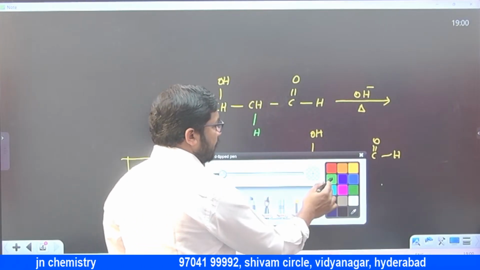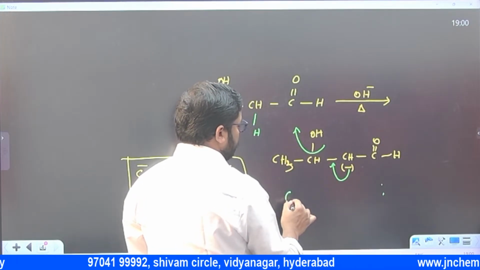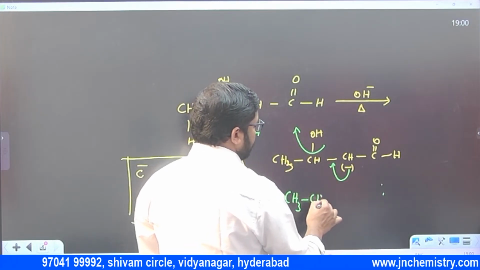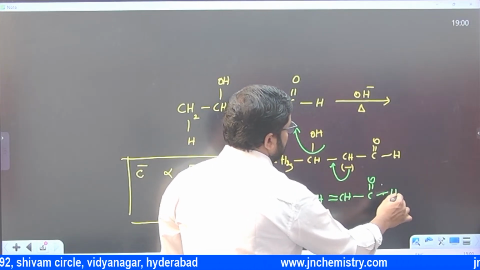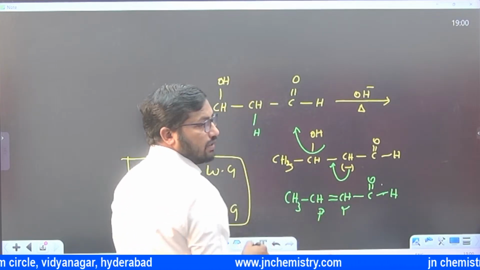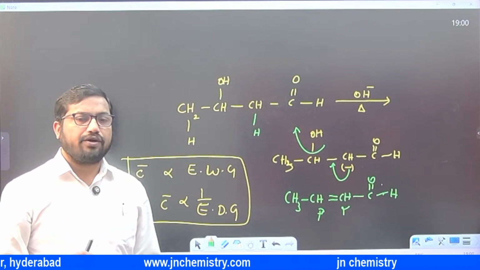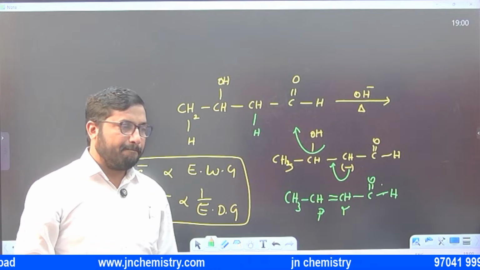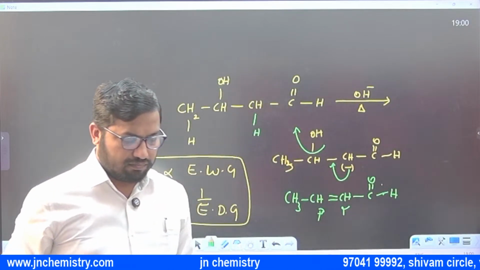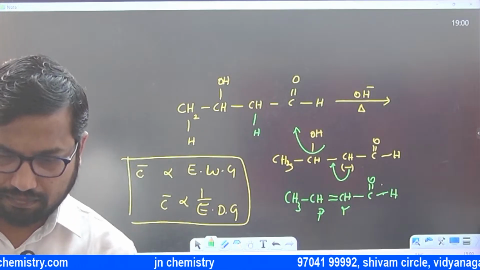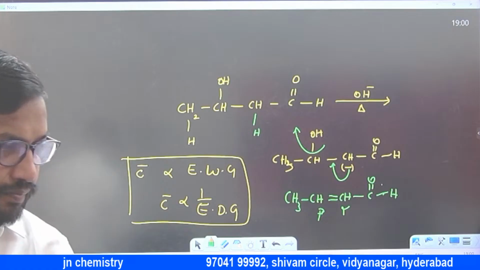The next step, Nana. This comes here, the OH goes out, and we'll get CH3, CH double bond CH, C double bond OH. We call it an alpha beta unsaturated carbonyl compound. Write it down: alpha beta unsaturated carbonyl compound.